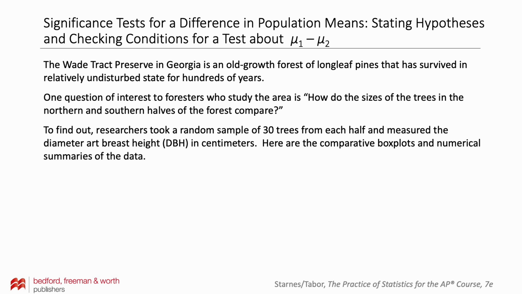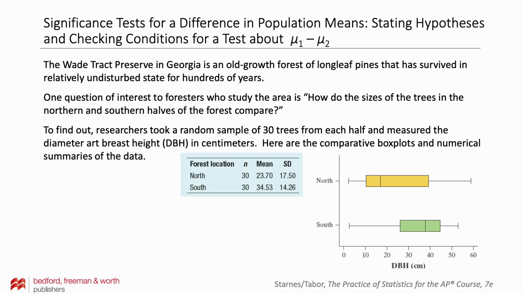To find out, researchers took a random sample of 30 trees from each half and measured the diameter at breast height, which is DBH, in centimeters. Here are the comparative box plots and numerical summaries of the data. So they're giving us the mean and the standard deviation of both the north and the south, and they're also giving us a box plot here.